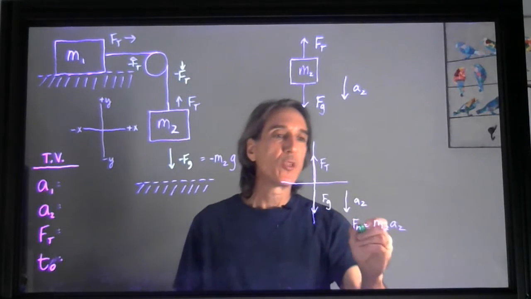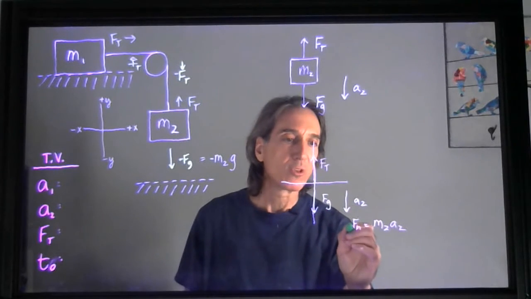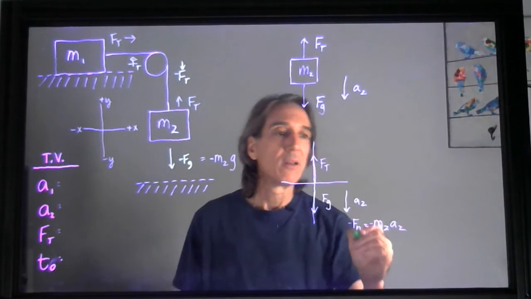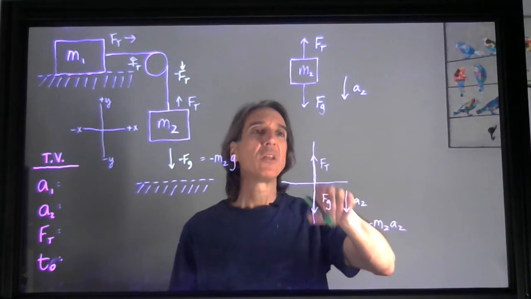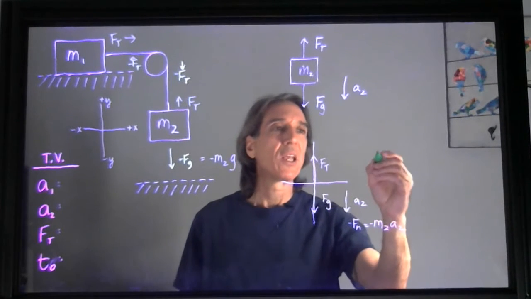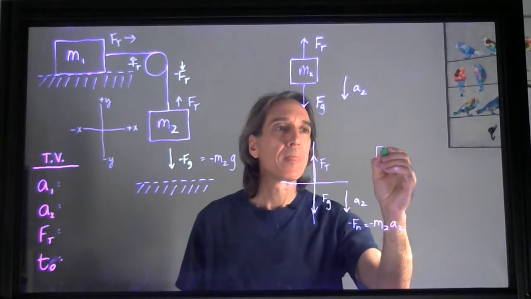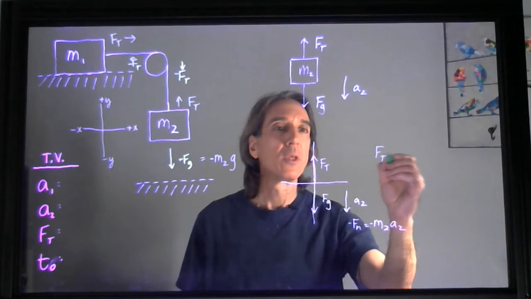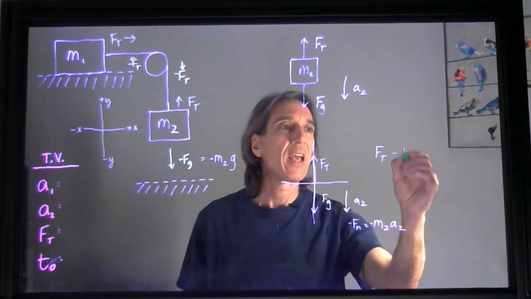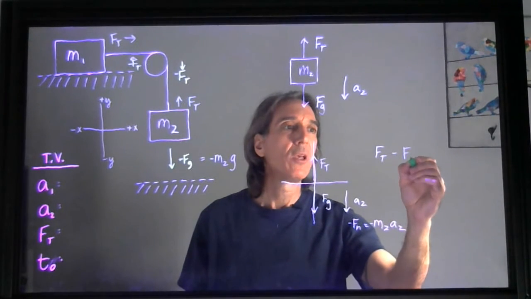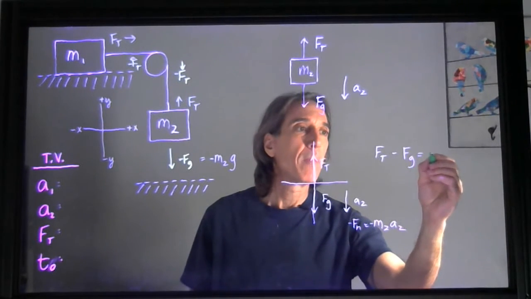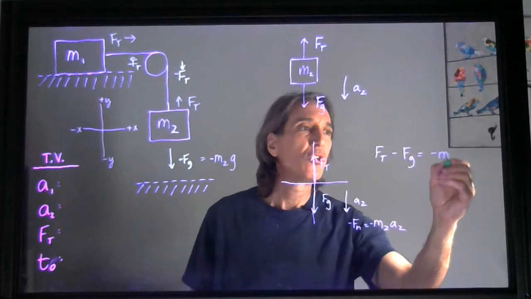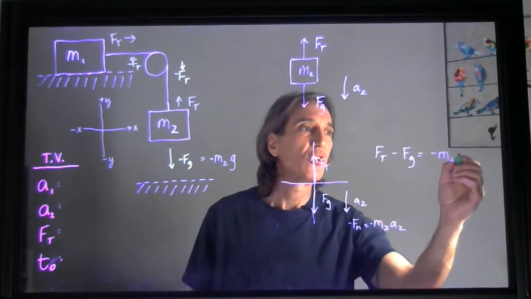And we also know that this direction is downward, so we will assign a negative sign to each one of these. And now we can come up with an expression that describes the motion for this. F sub t minus F sub g is equal to minus M2 a sub 2.